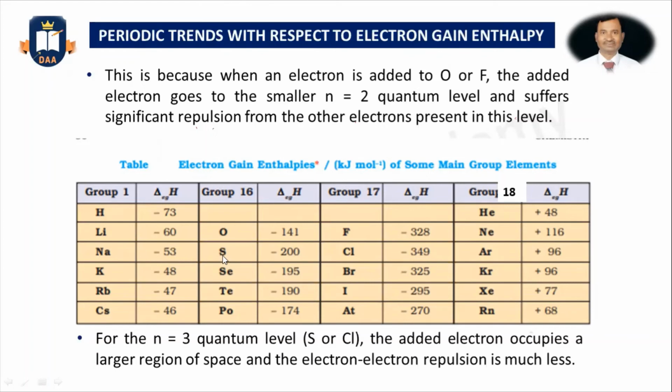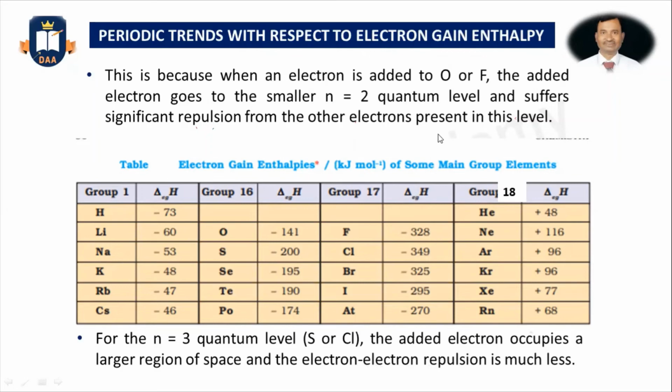But for sulfur and chlorine, the shell's principal quantum number is 3. So this shell has larger space, and when the electron enters this shell, it will feel comparatively less electron repulsion.